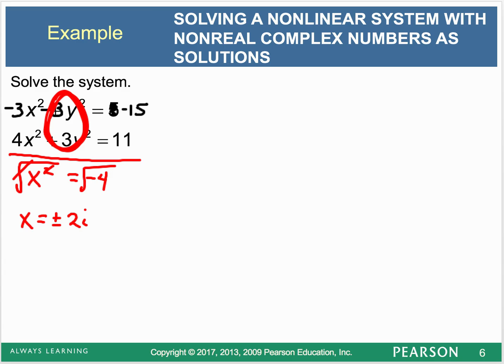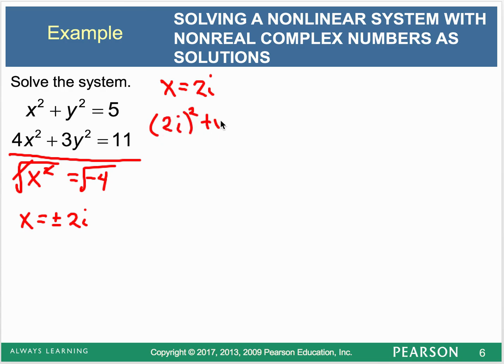Okay, now that I've got one solution, I'm going to plug it back in, and this is the easiest one. Numbers are smaller, so I'm going to plug those values in here to get my y solution. So if x is the positive 2i, then I would have 2i squared plus y squared equals 5.